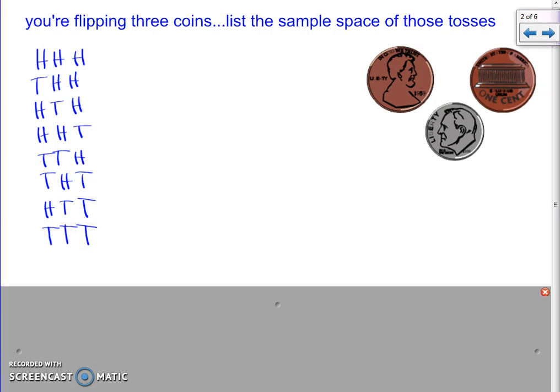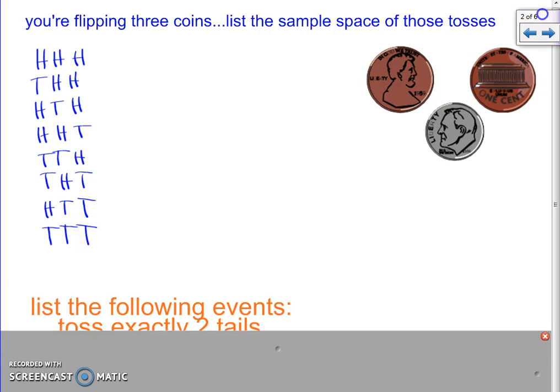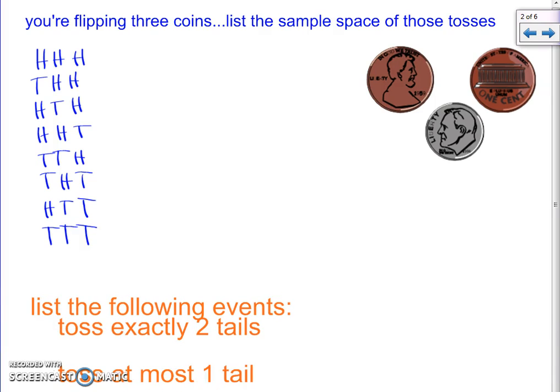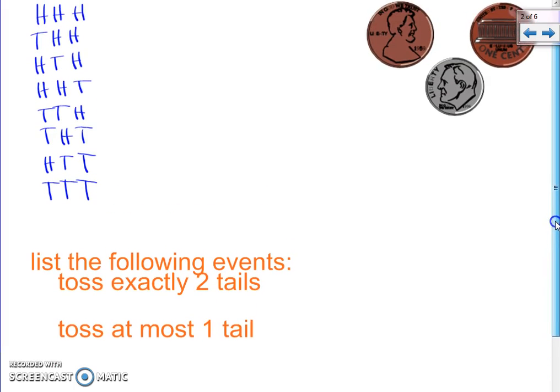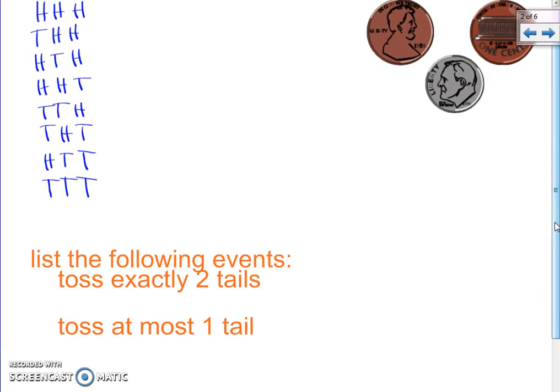So if they ask you for the sample space, you're done at this point. You've listed all the possibilities that could happen. Okay, then they may ask you some questions based on that sample space. Okay, list the following events. What is the options where the toss is exactly 2 tails?